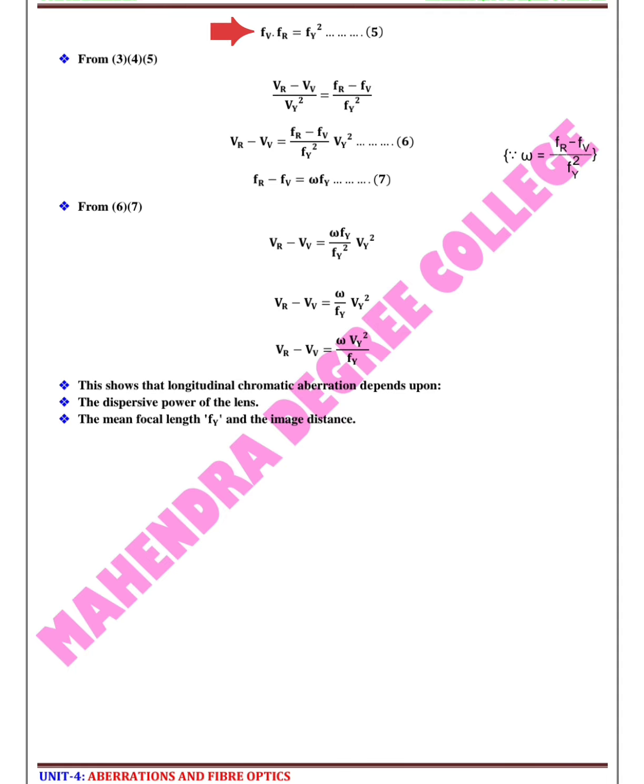Similarly, it is assumed that Fv Fr equals Fy square. This is the equation number 5, where Fy is the focal length for yellow light, that is the mean focal length.